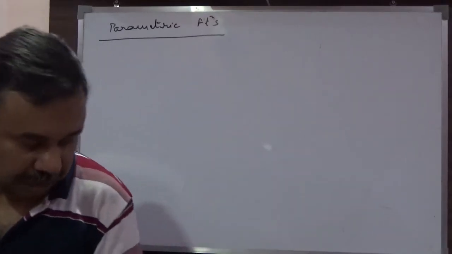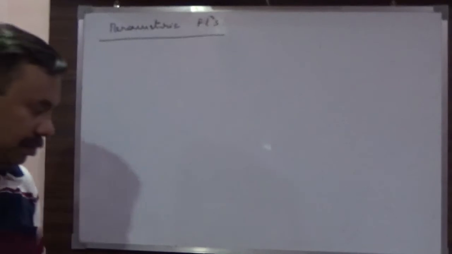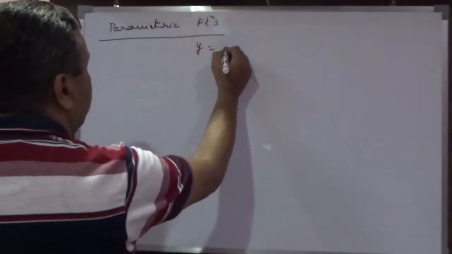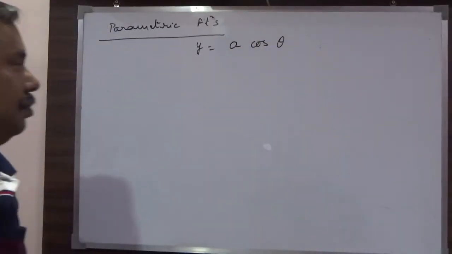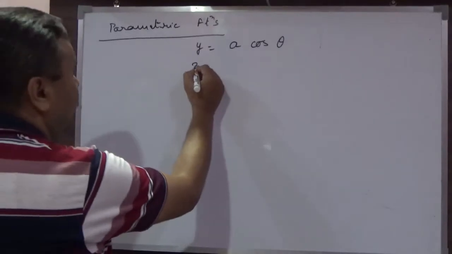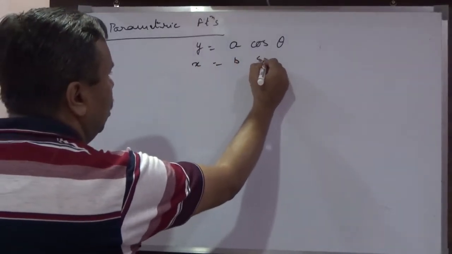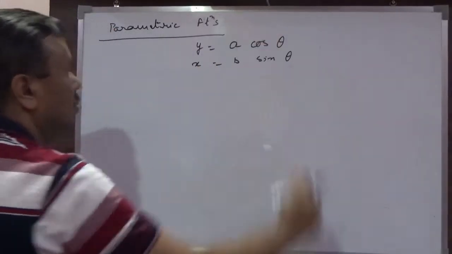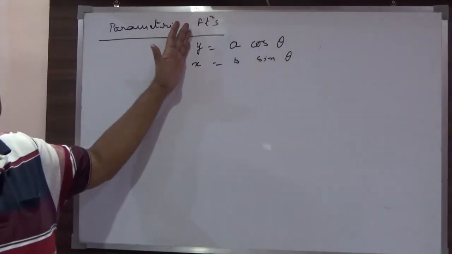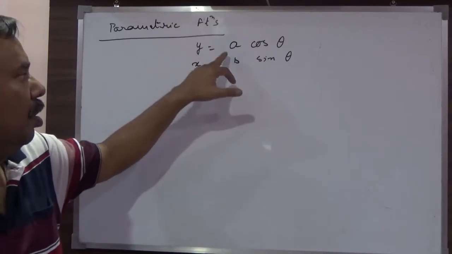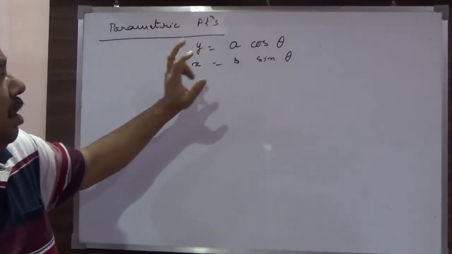How? Suppose that y is given as a cos theta and x is given as b sin theta. So here you see y is expressed as a function of theta, where a is a constant.